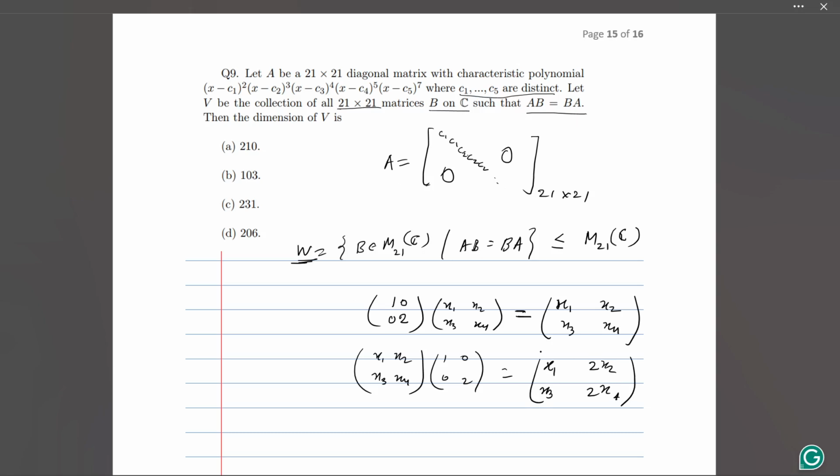The condition that this element belongs to W says that these two are equal. So 2x2 is equal to x2 and 2x3 is equal to x3. These are the coordinates.